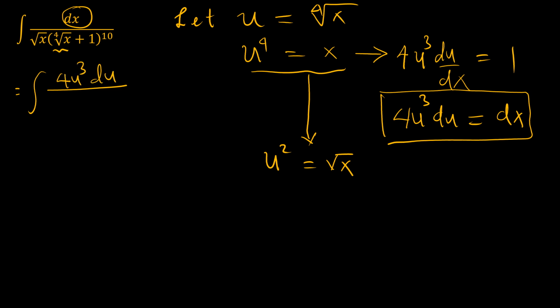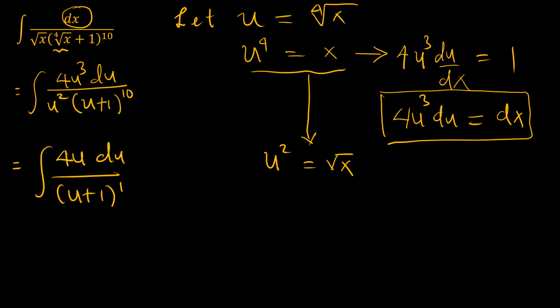In place of square root of x, we put u squared. In place of the fourth root of x, we have u plus 1 to the power 10. And so now we have 4u du over (u plus 1) to the power 10.